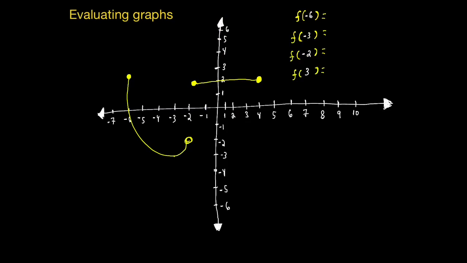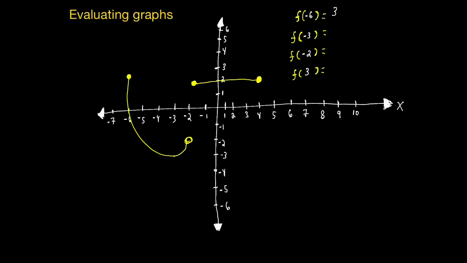So here we want to evaluate this graph. So let's begin by evaluating -6. So we have to look at the x-axis here, and we have to look for -6, and you see that -6 is right here, and the y value that corresponds to -6 is going to be +3. So f of -6 is +3.